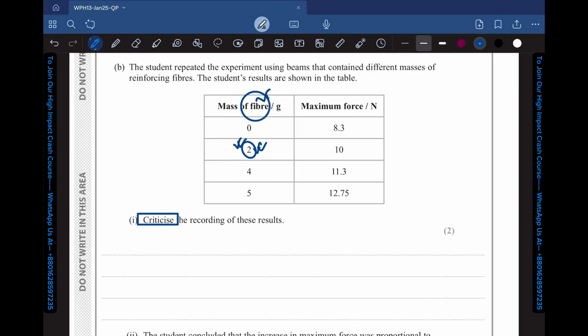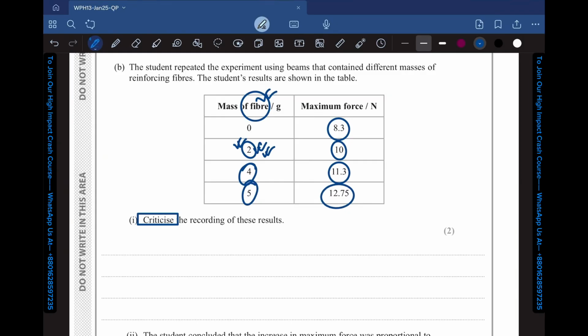A beam which contains 2 gram mass of fiber was experimented only once. There are no repeat readings on any of them, right? 2, 4, 5, all of them were experimented only once, so repeat readings were necessary. Another thing we can see is that the maximum force values are 2 significant figures, also 2 significant figures, but here it is 3 significant figures and here 4 significant figures.